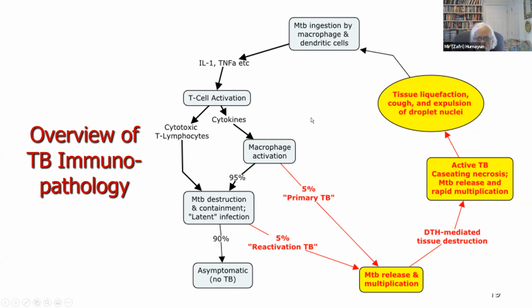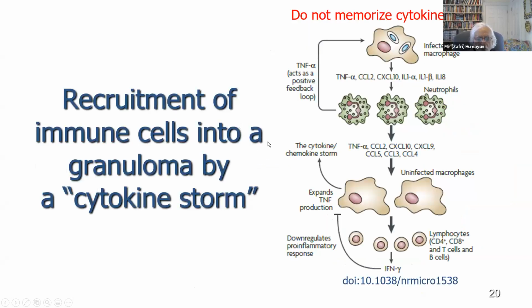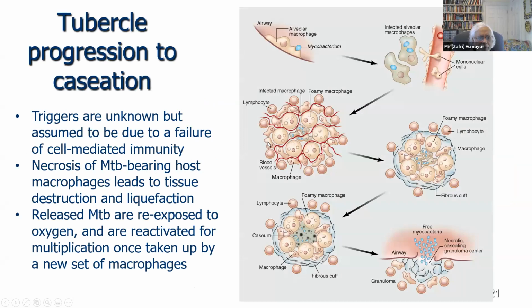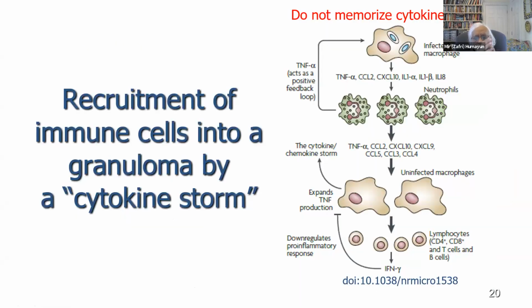Some details are shown in this slide. This slide has basically nothing new other than what I have mentioned in the previous summary slide, but just for the purpose of fortification of what I told you.